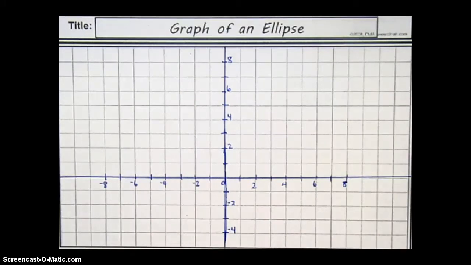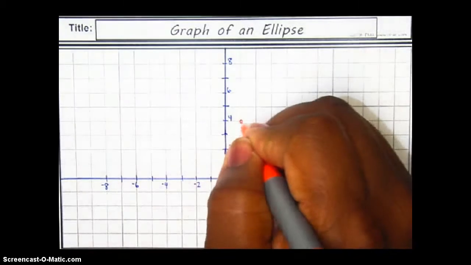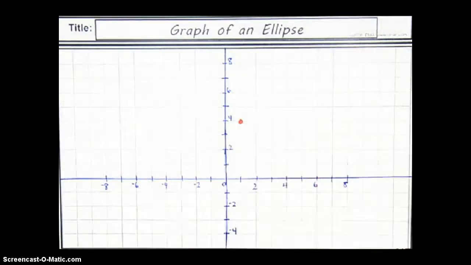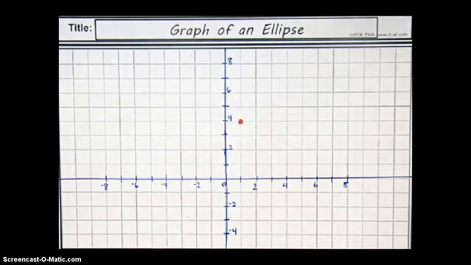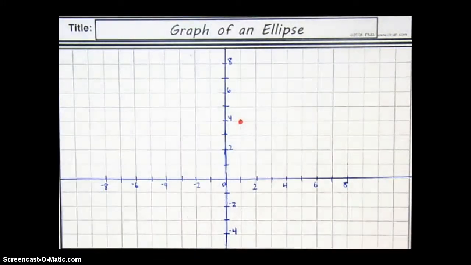So the center of our ellipse is at 1, 4. And so we'll make sure that we graph that. Let me choose a different color here. So 1, 4 is our center.